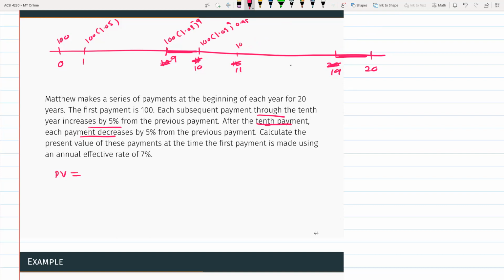Then the 11th one is 100 times 1.05 to the 9 times 0.95 squared. Then the 19th one is going to be 100 times 1.05 to the 9 times 0.95 to the 10. Yeah, we have to be careful. You have to read the problem very carefully. Okay, so now we can find the present value. You discount; this first one, 100, is there, but then these values you have to discount.